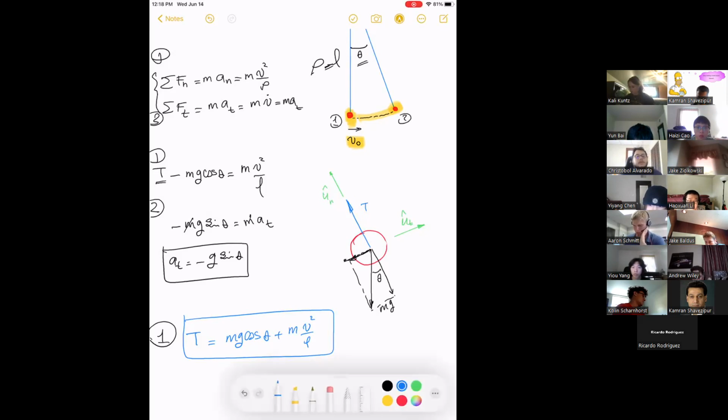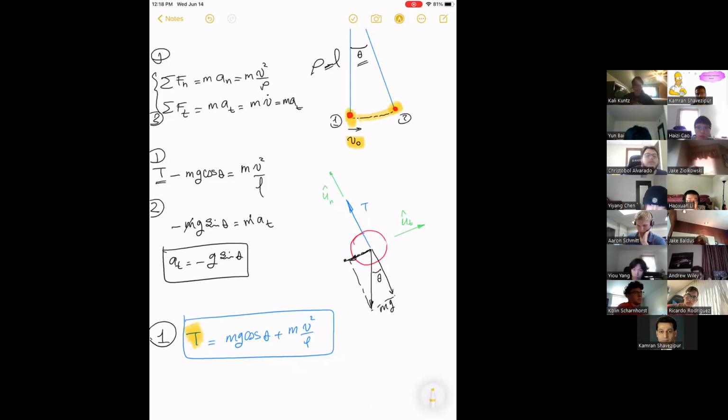Obviously, T is one of the unknowns, I don't know it. Is there anything else I don't know? Theta? Problem says at 20 degrees, so theta I know. M and g I know. L I know. How about v?